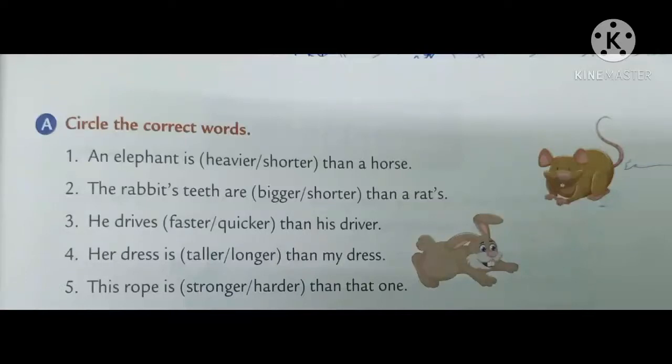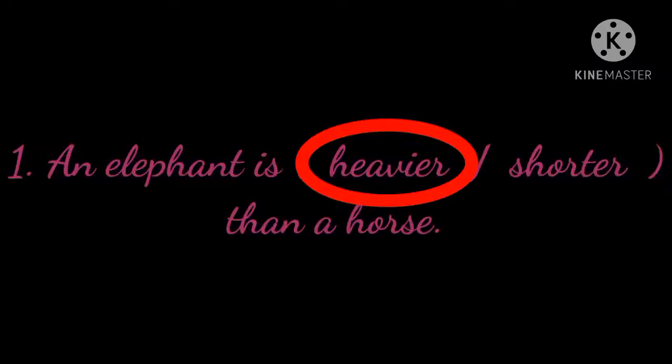Okay, the first one, an elephant is heavier or shorter than a horse. What will you say? Heavier or shorter? Yes, heavier. So you will circle heavier. And the answer is an elephant is heavier than a horse.